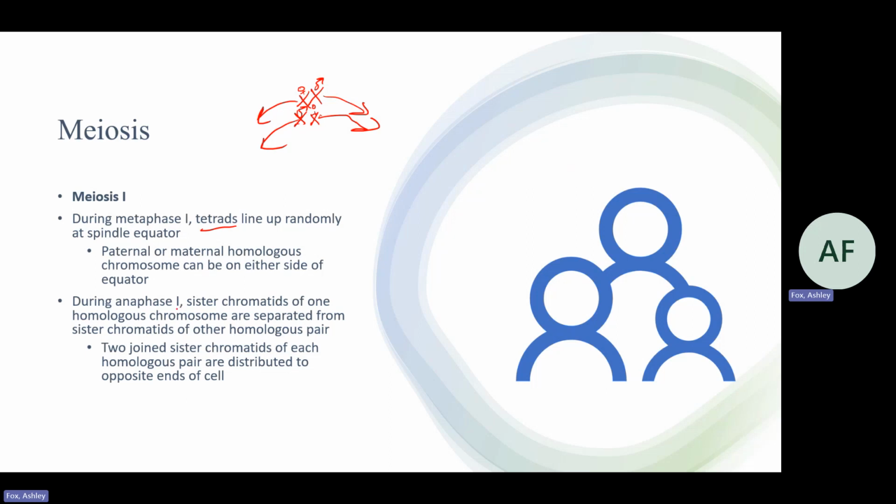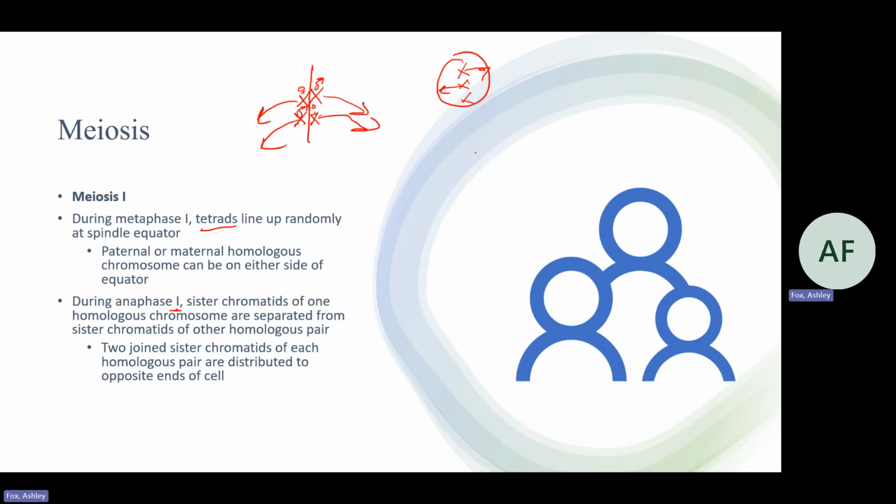During anaphase 1, again, sister chromatids of one of the chromosomes. So you're going to have separation like this, where two copies are going to go to this side and two copies are going to go to this side. Now remember with mitosis, we just had them all line up in the middle with their copies, and then the separate copies moved to each side.